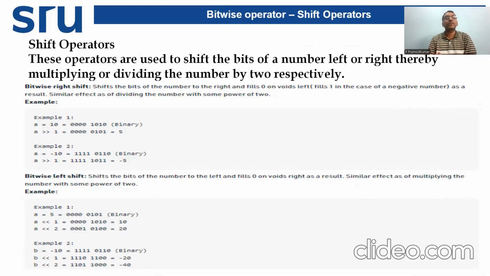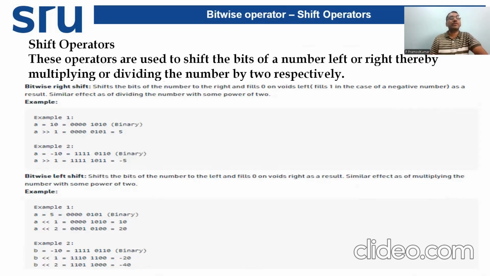It is equal to a division operation. When you shift the bits of a binary number towards the left side, the value of that number gets increased. It means that the number is going to be multiplied by 2. Here, either division or multiplication, both can be done with 2 only.